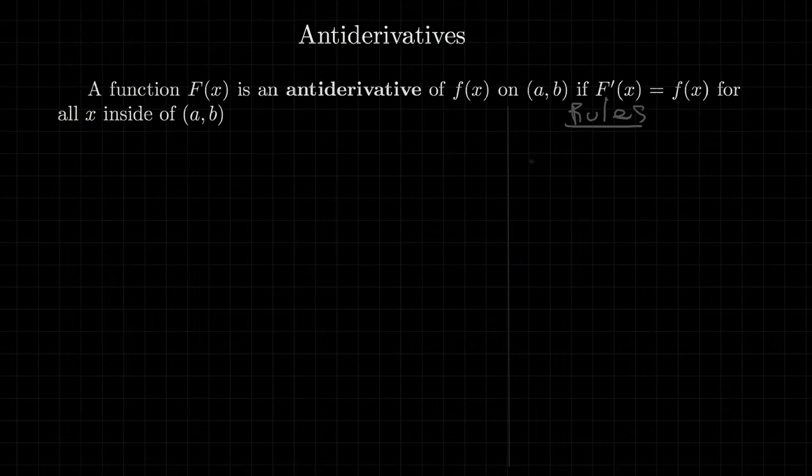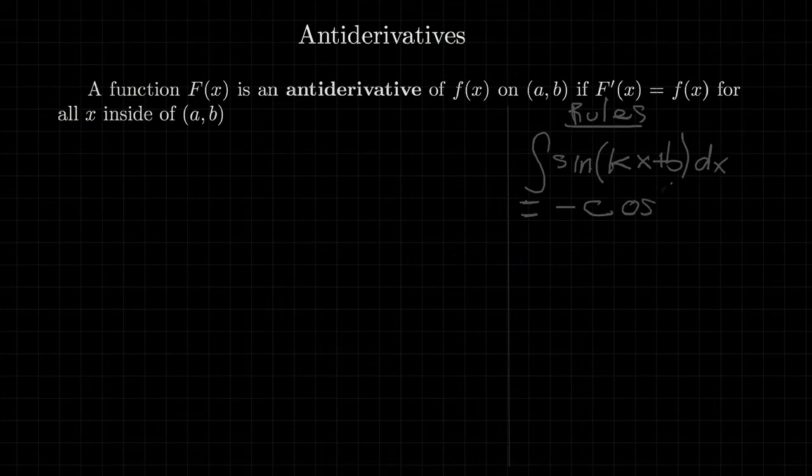Okay, so let's continue. Let's take a look at some trig rules. The antiderivative of sine of kx plus b dx is just going to equal negative cosine of kx plus b all over k.